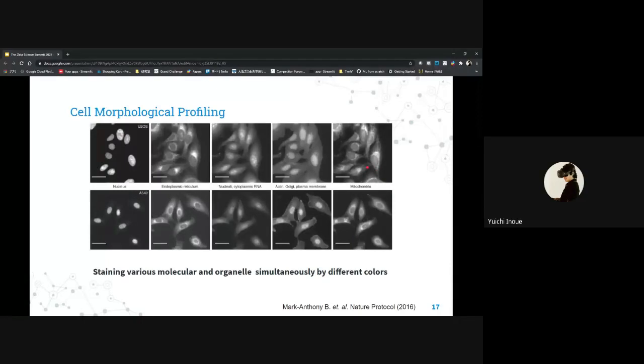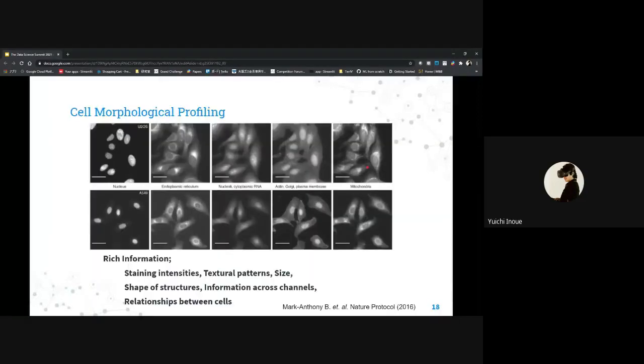It's like this. The images produced by this imaging process contain a variety of information. Staining intensity, texture patterns, size, shape of structure, information across channels, relationship between cells.